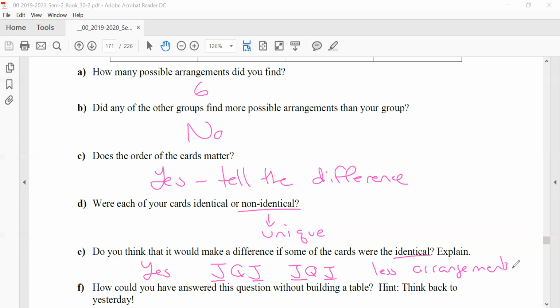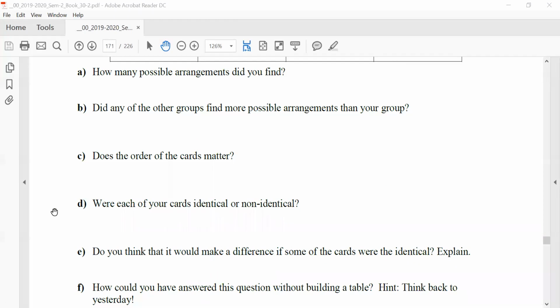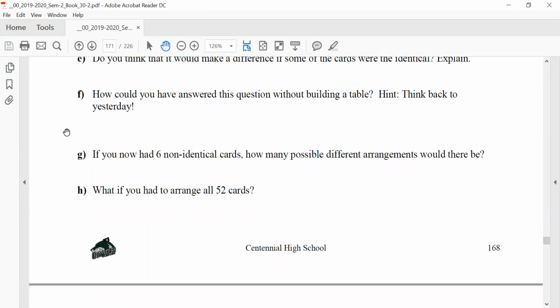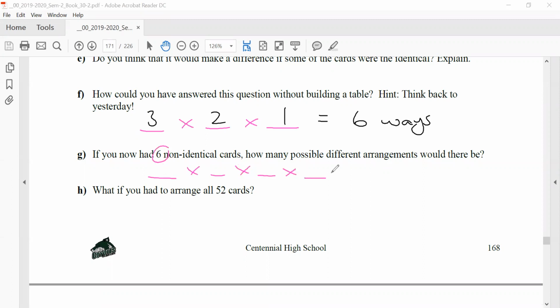Okay, now linking what we did yesterday with today. How could you have answered this question about building a table? Well, the fundamental counting principle tells me that I can multiply my options together. I've got 3 cards to go in the first spot, 2 to go in the next spot, 1 to go in the last spot. Hey, that's a lot quicker, because for part G here, there is no way, when I've got 6 cards, that I want to build a table for just 6 cards.